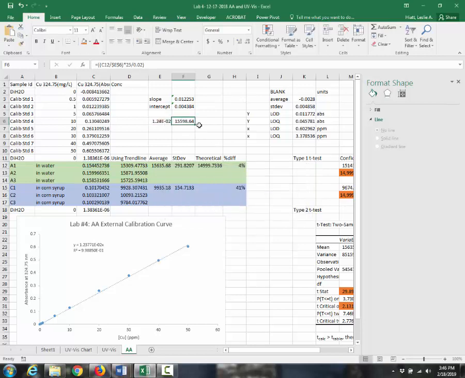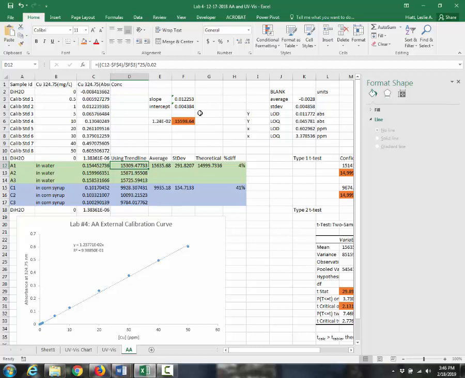Let it fix it, and now you can see it's slightly different. So this would be right here. This is if I force it to go through the intercept. This is what I did, or I wanted to choose to not force it through the intercept and allow the intercept to be whatever it is natively.